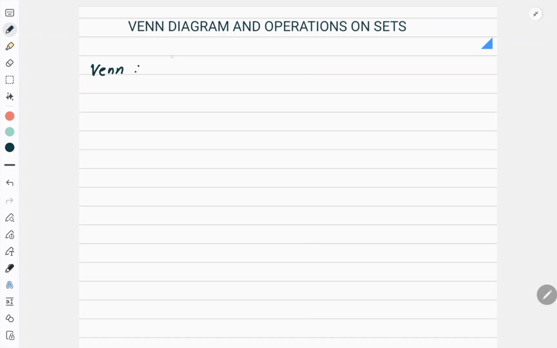Okay, so how can I define the Venn diagram? Venn diagram is basically a pictorial representation of sets.